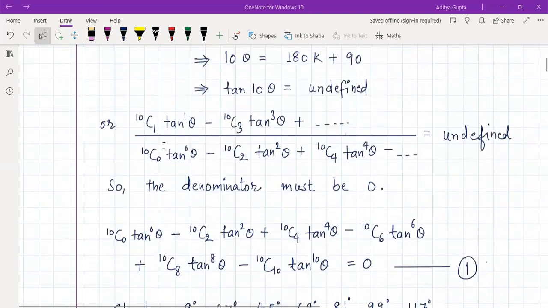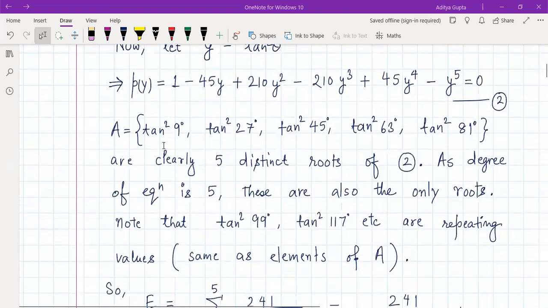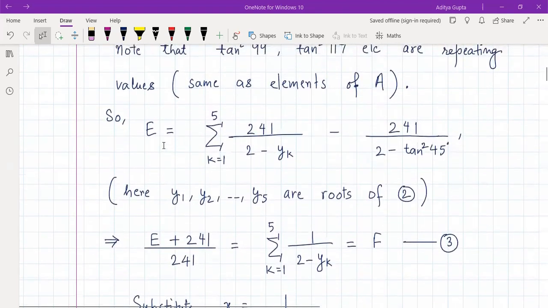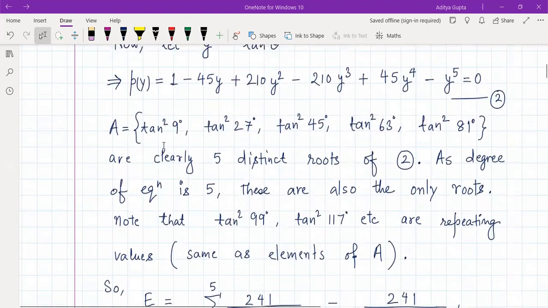Now the original expression E that we wish to find has become, in short, summation of 241 upon 2 minus yk minus 241 upon 2 minus tan square 45. I'll explain what we have done here. Look, first of all, this equation number 2, the polynomial equation that we have, we are calling its roots y1, y2, y3, y4, y5.